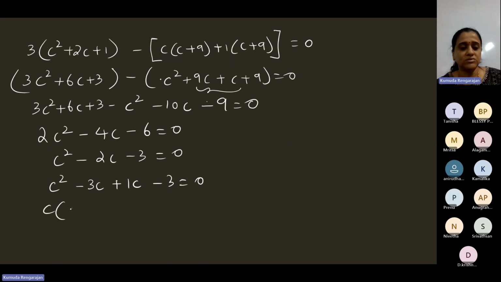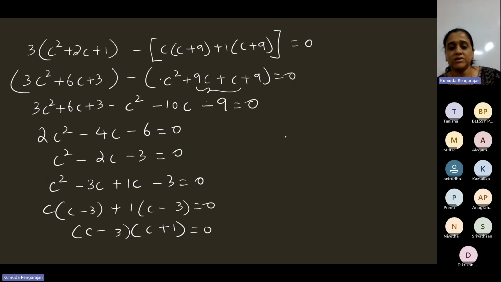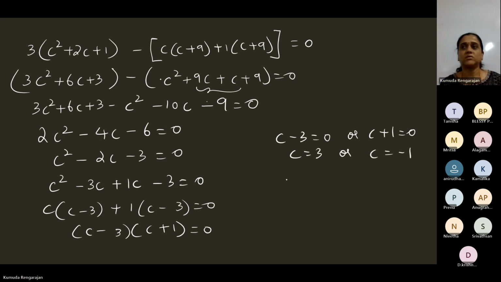So c into c minus 3 plus 1 into c minus 3 is equal to 0. So c minus 3 into c plus 1 is equal to 0. So c minus 3 is equal to 0 or c plus 1 is equal to 0. C is equal to 3 or c is equal to minus 1. Correct? Did you get both the values for c?